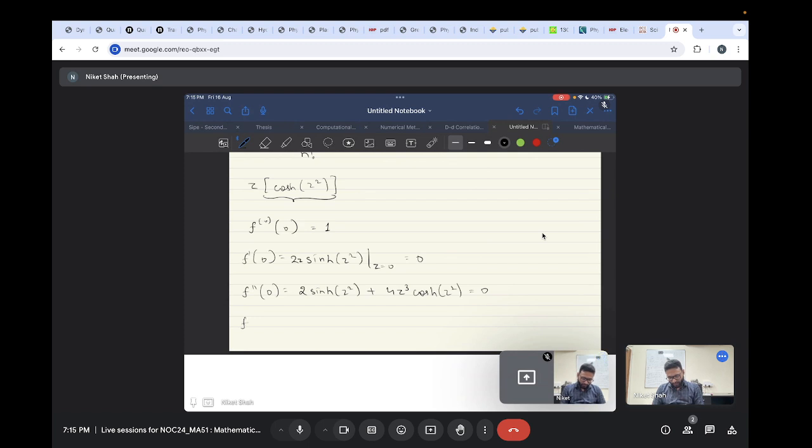The third derivative is equal to 4z, sorry, 4z plus 12z square cosh z square, plus 4z cubed into 2z sinh z square. So this is what I end up getting.